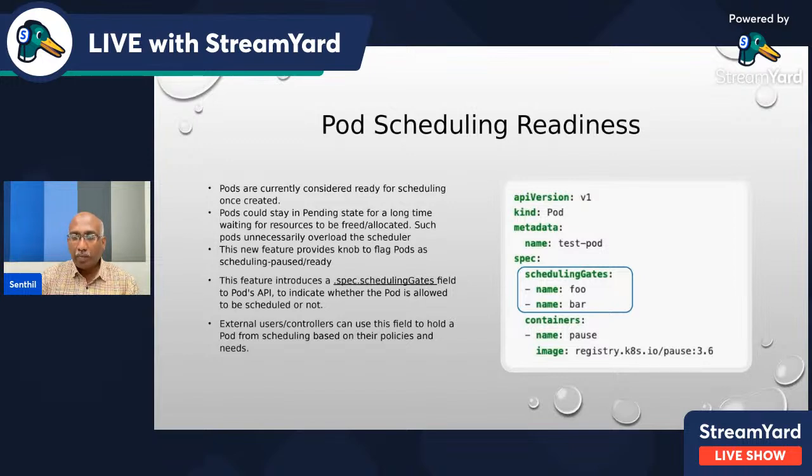The moment you create a pod, either directly using kubectl, or when the pod is created by the Kubernetes control plane, like the deployment controller or the daemon set controller, the scheduler immediately picks up the pod and starts finding a node for it the moment it sees the pod.